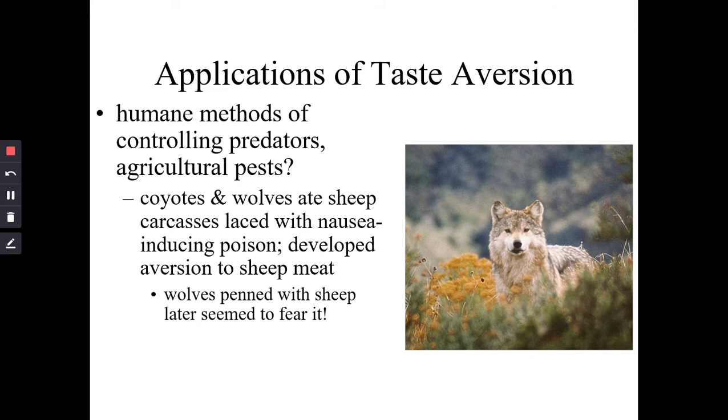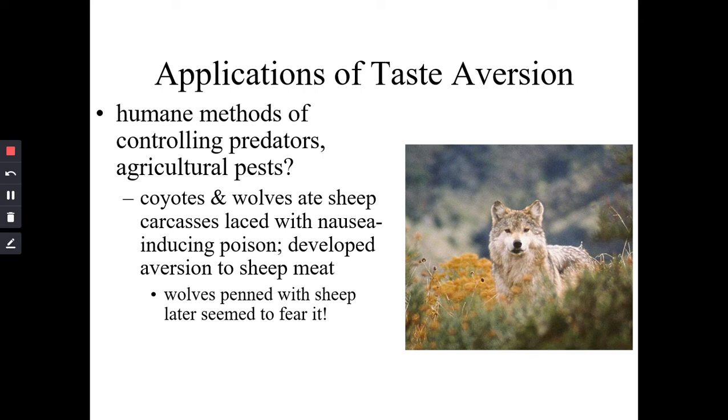By the way, we call this taste aversion. So here's another example. Let's say you're a rancher and you've got sheep out in the fields and coyotes keep eating your sheep, or wolves. Well, one thing you can do is take a dead sheep and put poison on this dead sheep carcass, and leave it out there for the coyotes and the wolves to find.